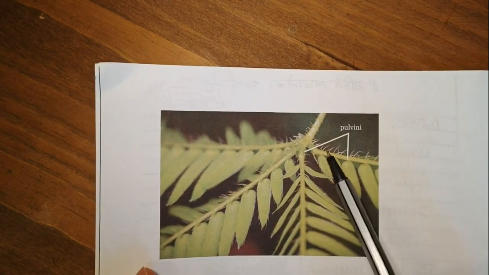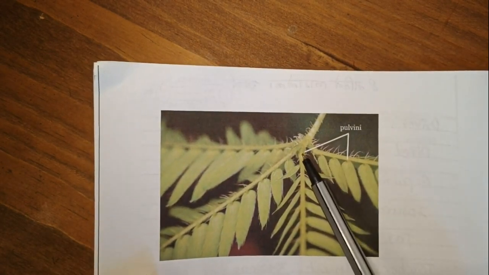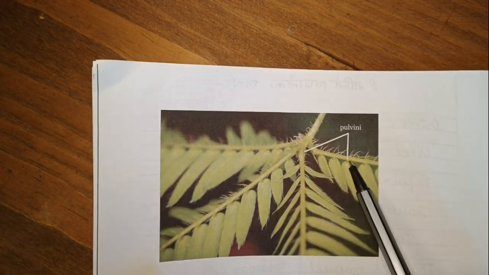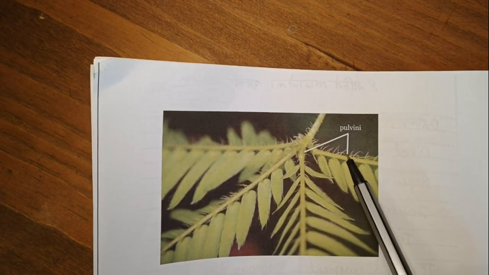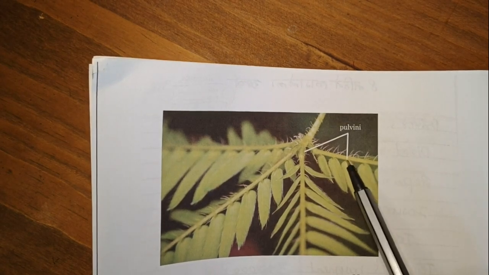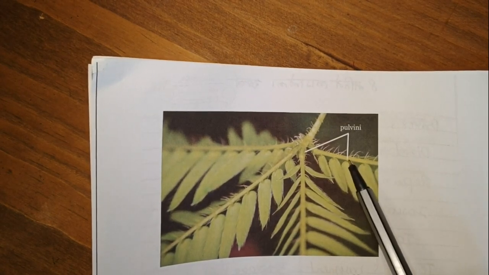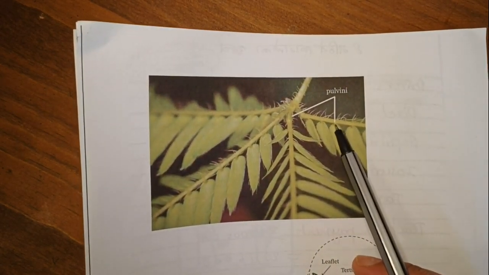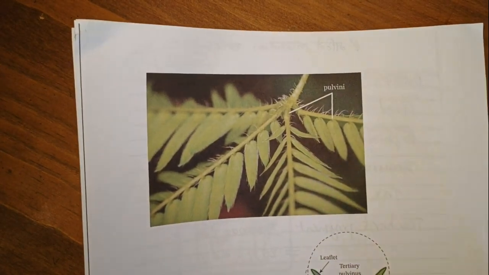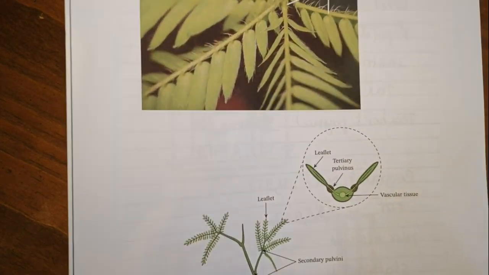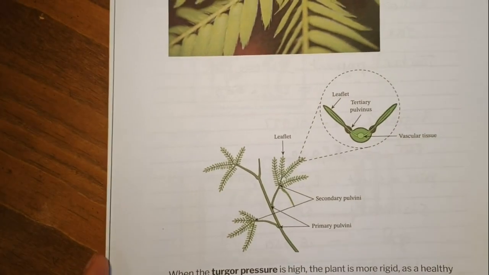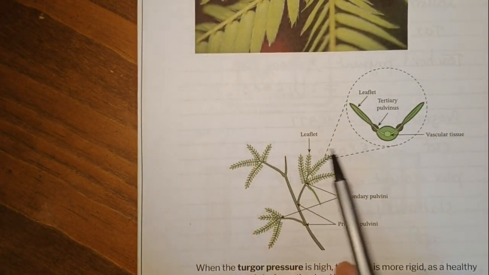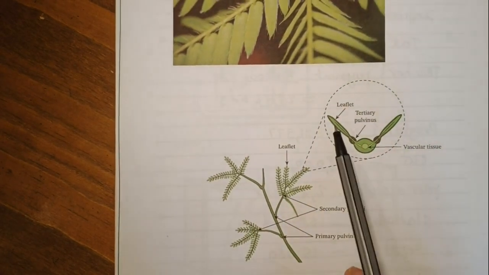This little swollen part here at the base of this branch or at the base of this leaflet is called a pulvinus. And this can be either swollen or it can shrink, and depending on its state, it will cause the leaf to remain in its natural normal position or in a closed position. So these are the leaflets.